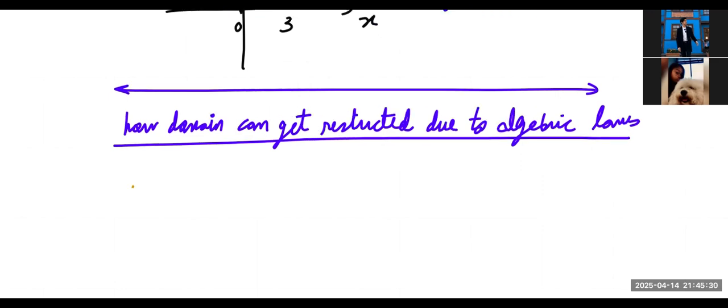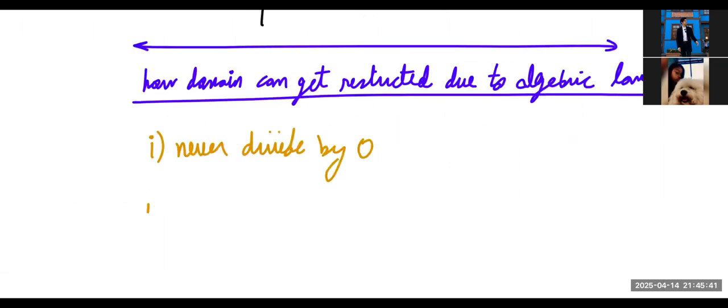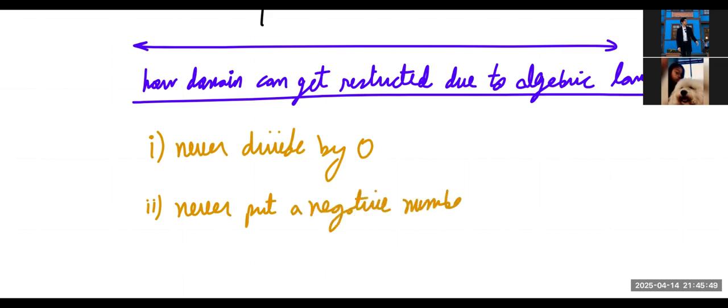Number one, never divide by 0. Number two, never put a negative number inside a square root.